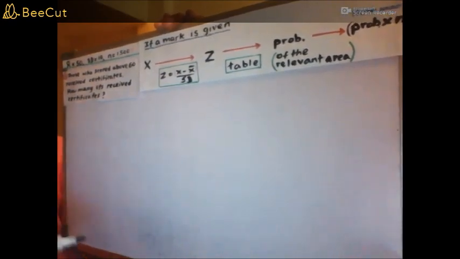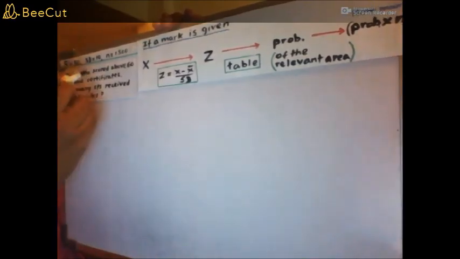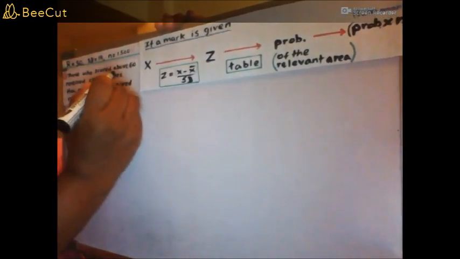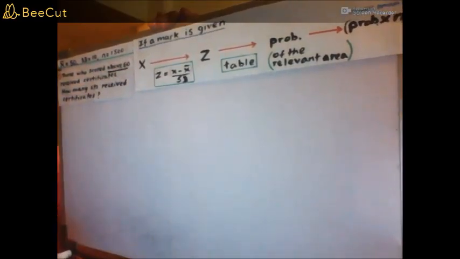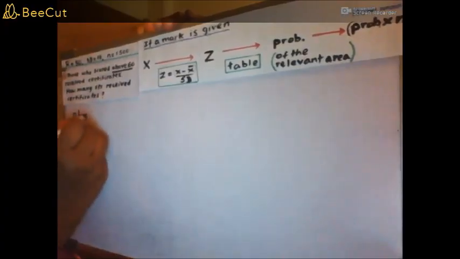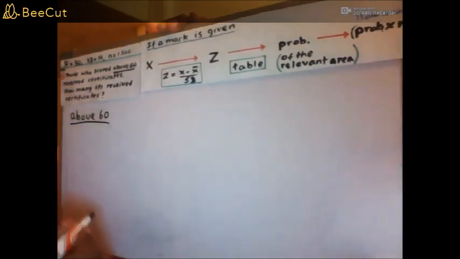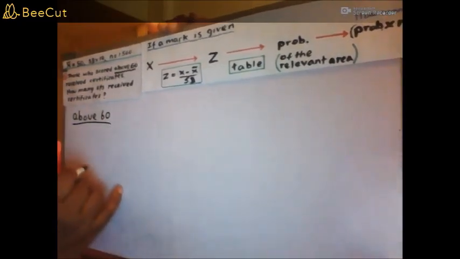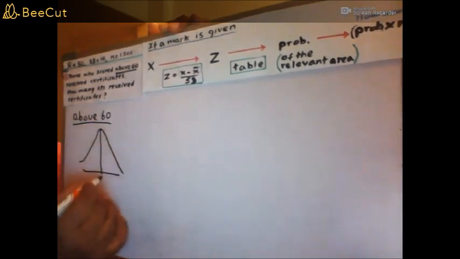Now the first question: those who scored above 60 received certificates. Those who scored above 60, underline. How many students received certificates? So above 60, write it here, above 60. And then what do you have to do? Draw the curve. 0.